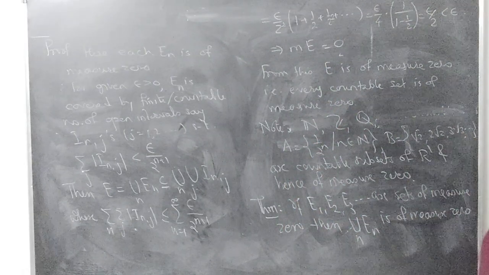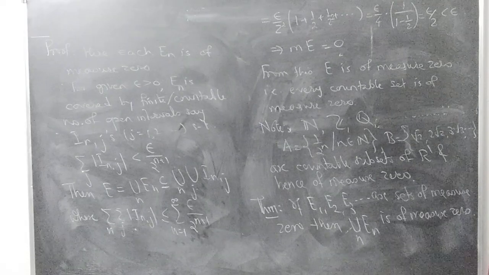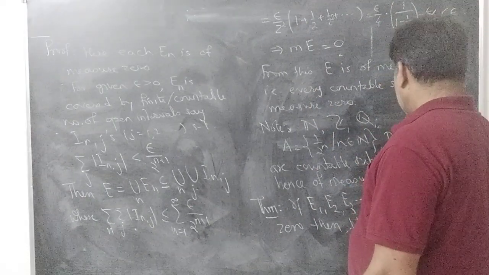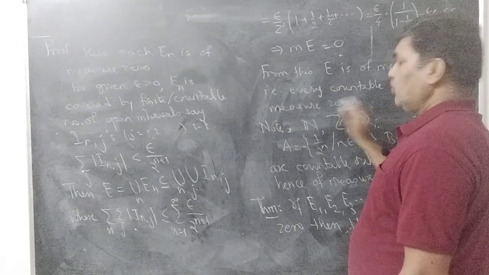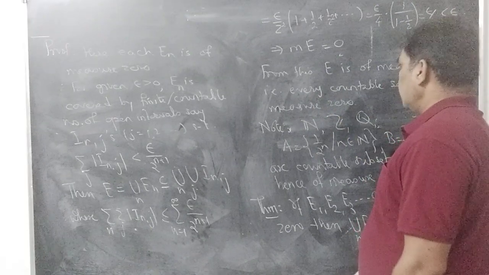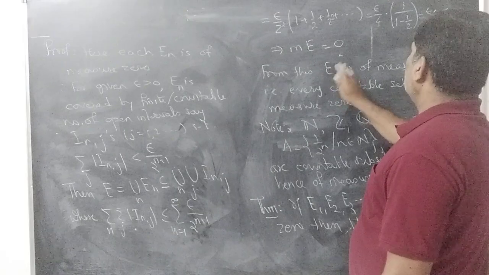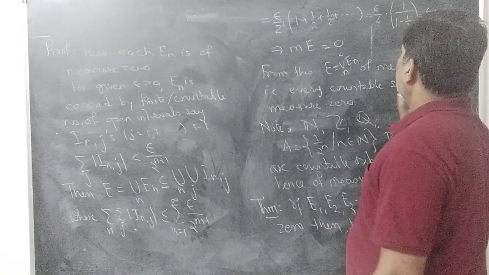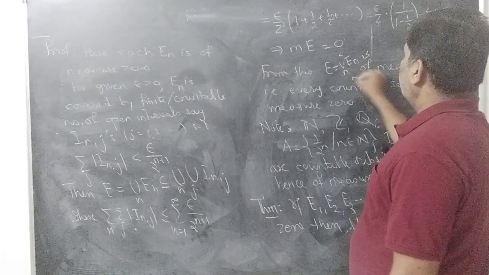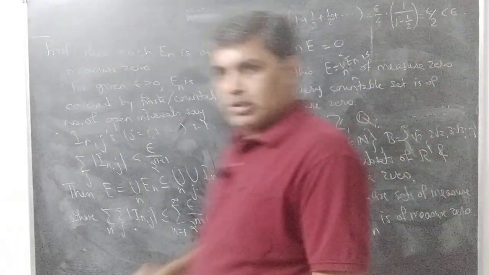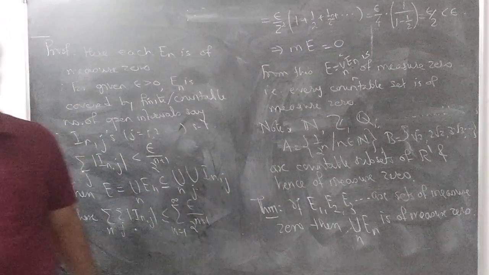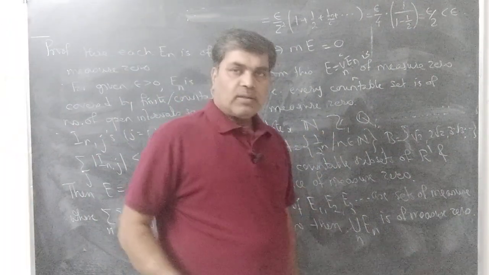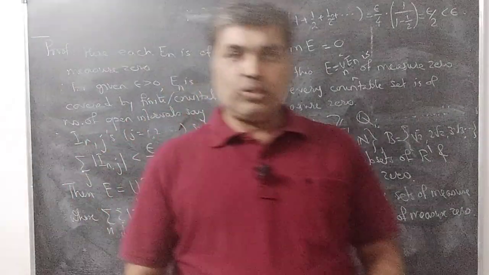So from this, E is of measure 0; that is, a countable union of sets of measure 0 is of measure 0. So by using this result also, I can say that every countable set is of measure 0.